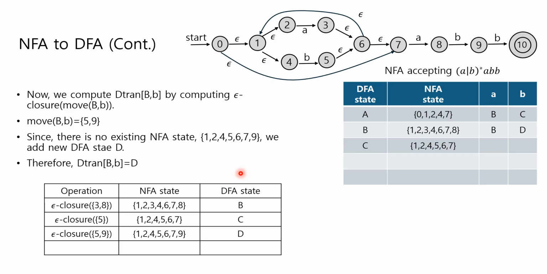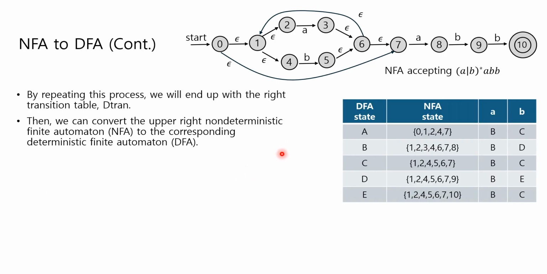And we repeat this process the same as earlier, and if we repeat that, the Dtran is going to be filled as in the right table. Using this Dtran, we can convert the NFA on the upper right to the corresponding DFA, deterministic finite automata.